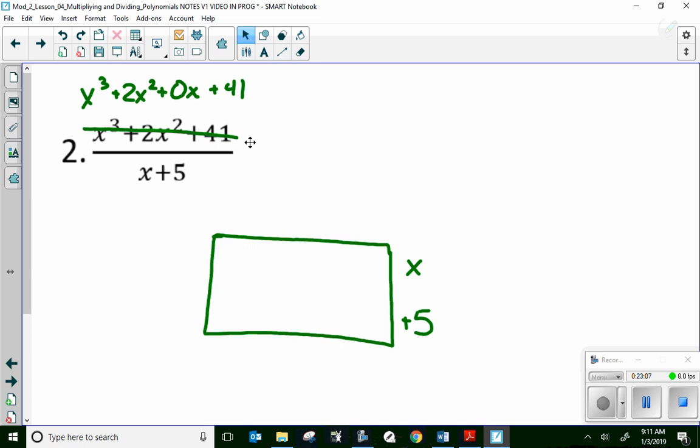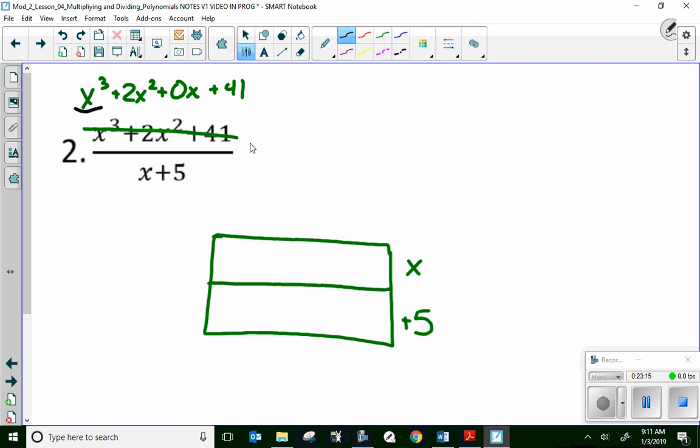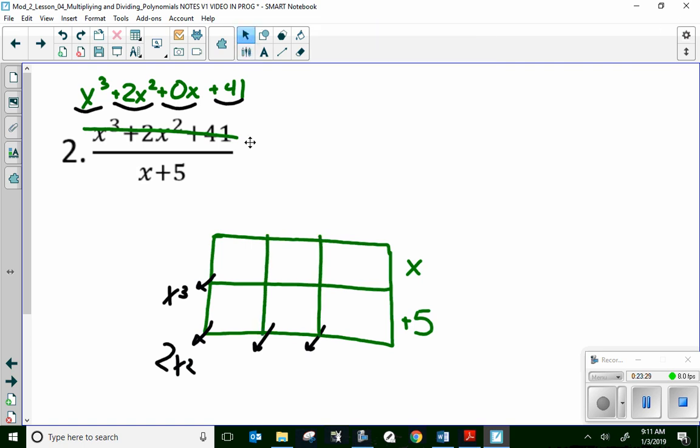All right, so X cubed, 2X squared. I have 2 more terms, 1, 2. Both of those get vertical lines. And I put my 0X here and my plus 41 here.